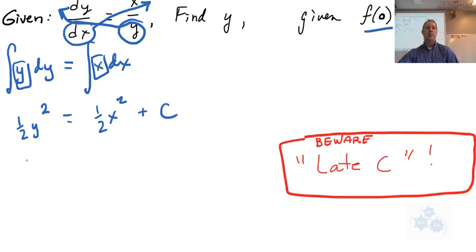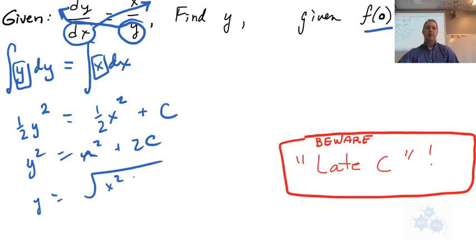We're going to multiply this by 2, so I'm going to have y squared equals x squared plus 2c, and then I'm going to take the square root. And then they get into a bit of a mess here, like now you have to solve for c with x and y. It doesn't work that way. You have to solve for c right away, and then you can go ahead and find y.